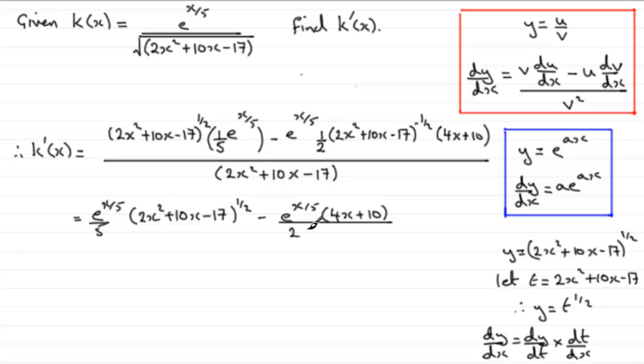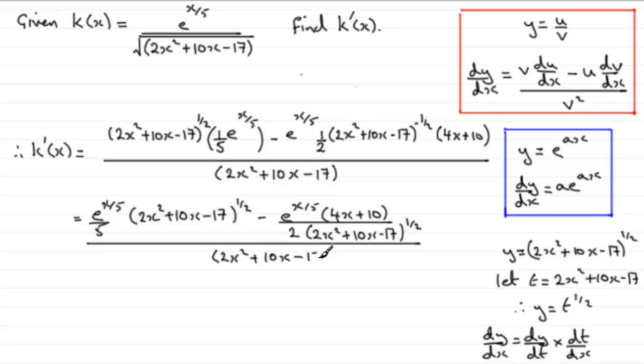So that actually ends up down under here as 2x squared plus 10x minus 17 to the power a half. And all of this is over 2x squared plus 10x minus 17. And I would always tidy up each term when I'm using the quotient rule. So that's what I've done here. Okay, tidy up each term.